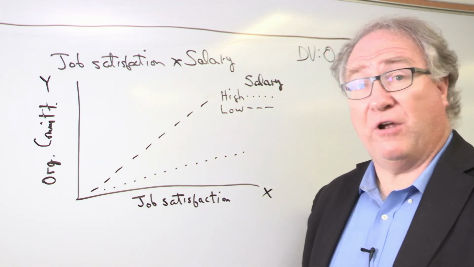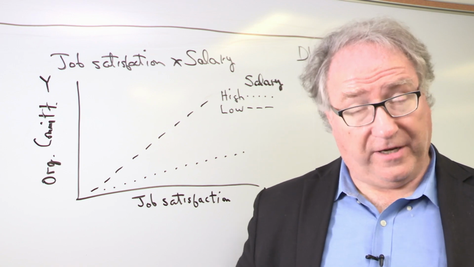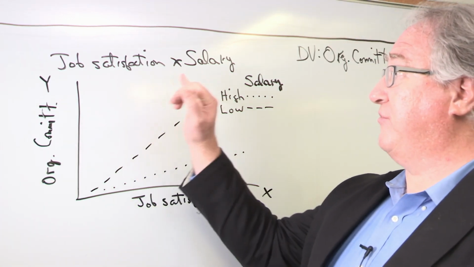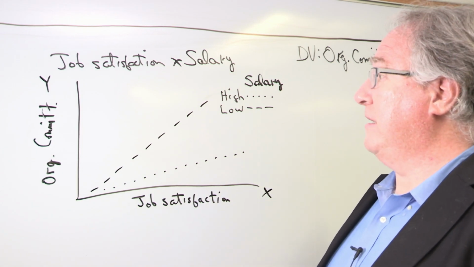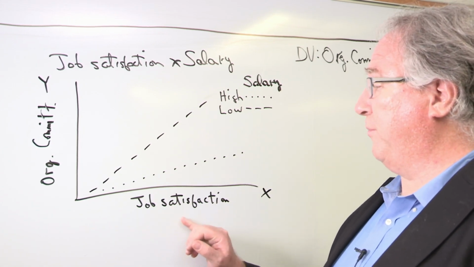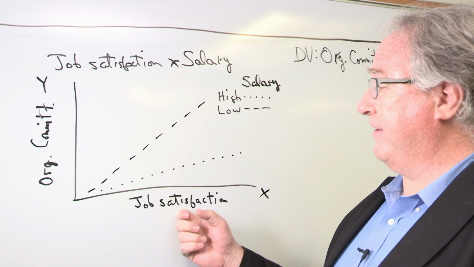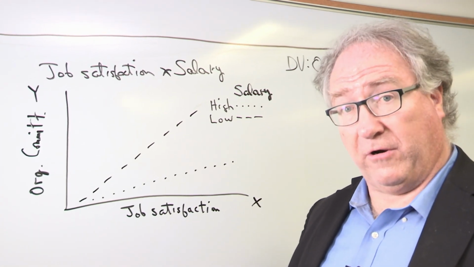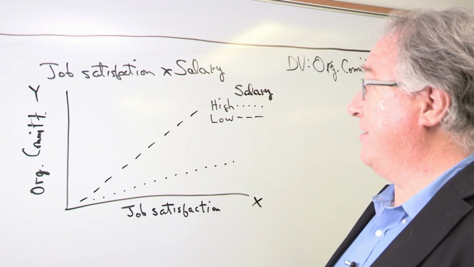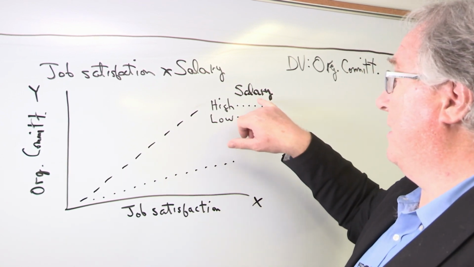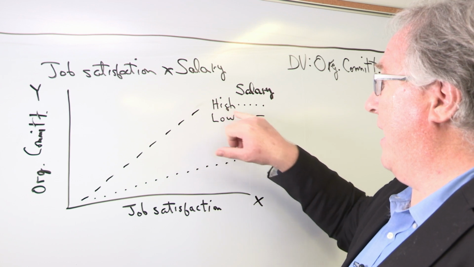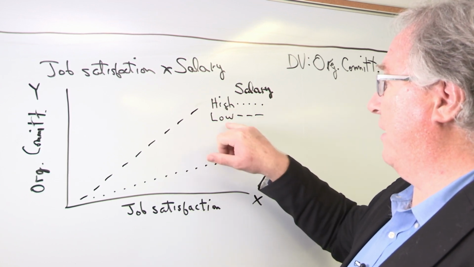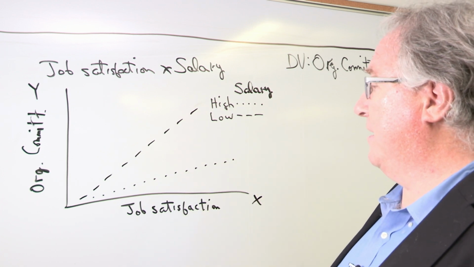Okay, and we've talked about this before in other videotapes about a two-way interaction, and specifically we were talking about job satisfaction by salary, job satisfaction being the focal predictor, looking at its effect on organizational commitment as our dependent variable or outcome variable, and then testing the moderator employee salary, high salaried employees and low salaried employees.